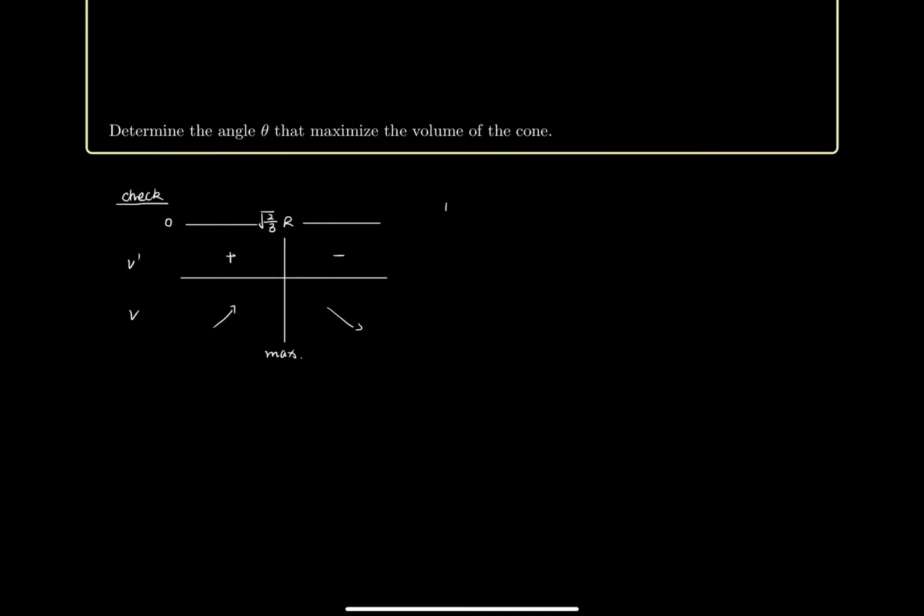Okay, so by the first derivative test, we can see that v reaches its maximum when small r equals root 2 over 3 big R. This is because we have a unique critical point and no endpoint.